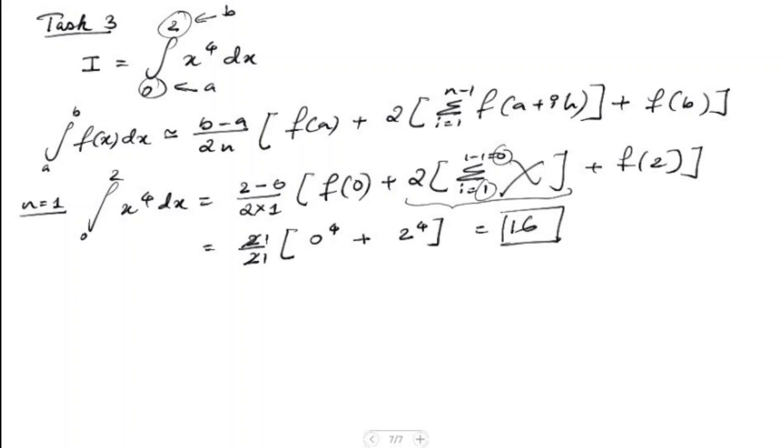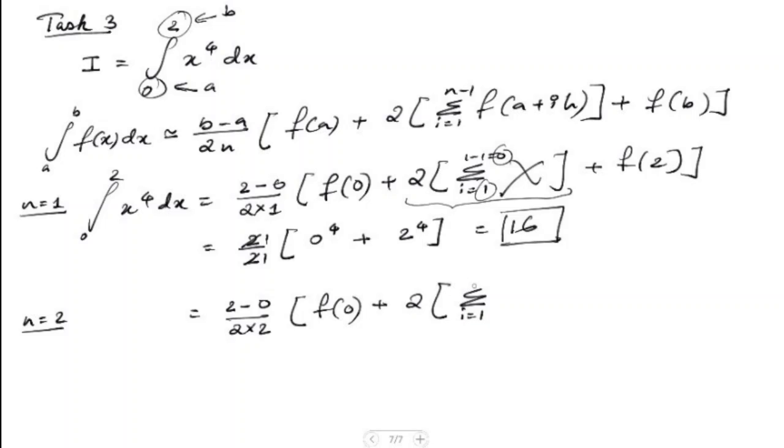And then let's find out the multiple segment trapezoidal approximation when n is equal to 2. Again, for the same integration, we have b minus a, 2 minus 0, divided by 2 times n. Here our n is 2 now, and we have f of a, which is 0, plus 2 times the summation from i equal to 1 till n minus 1.